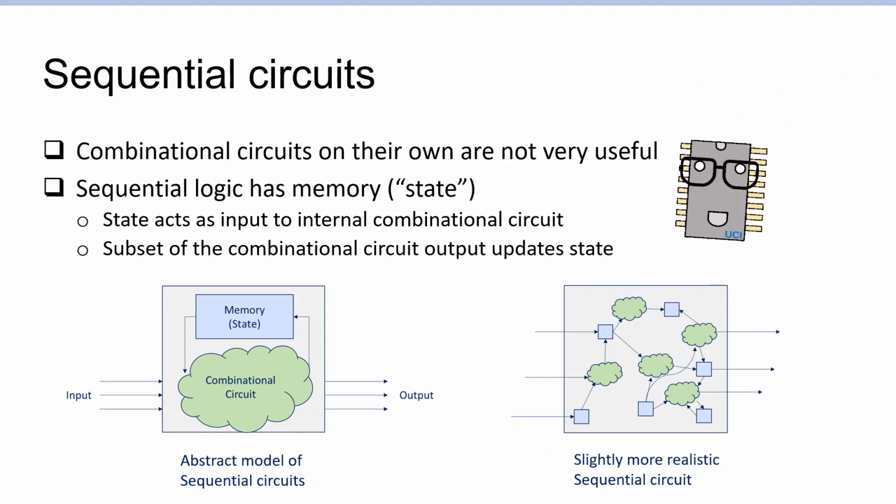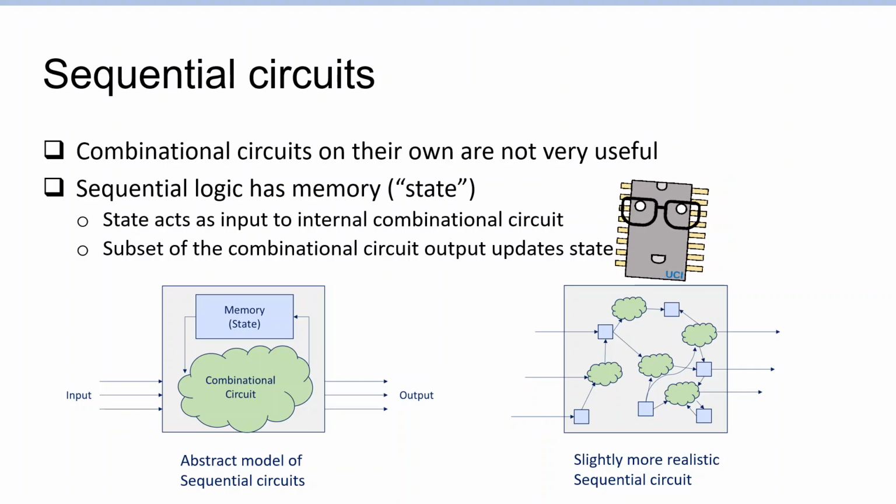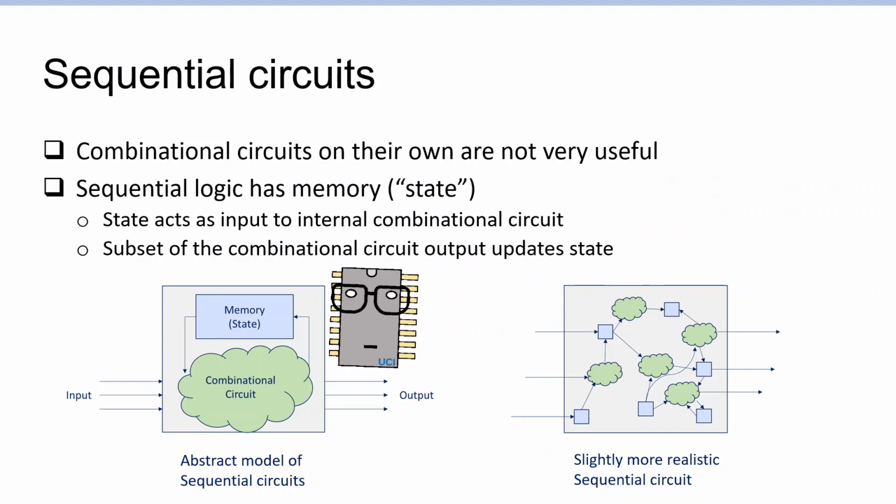Sequential logic adds memory to combinational circuits, which we call state elements. And basically, these state elements inside a sequential circuit act as additional input to the internal combinational circuit.